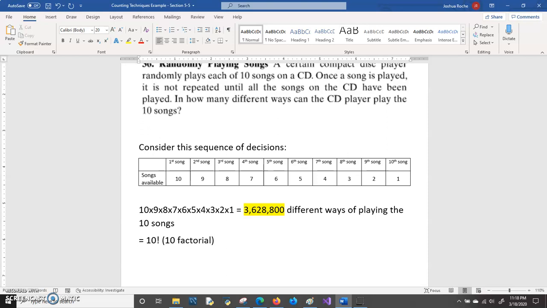And in general, n factorial means n exclamation point. That would be n times n minus 1 times n minus 2 times dot dot dot. And you keep multiplying until you get to 1.